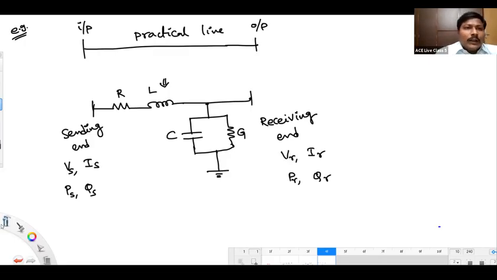Next, one small thing we have to know. Input side means we might be having a generator. Output side means we might be having a load. Now the question is, which is dependent and which is independent? Please tell me.